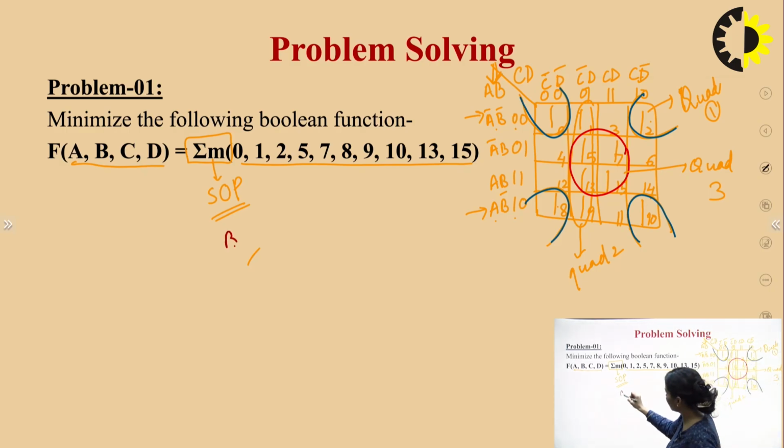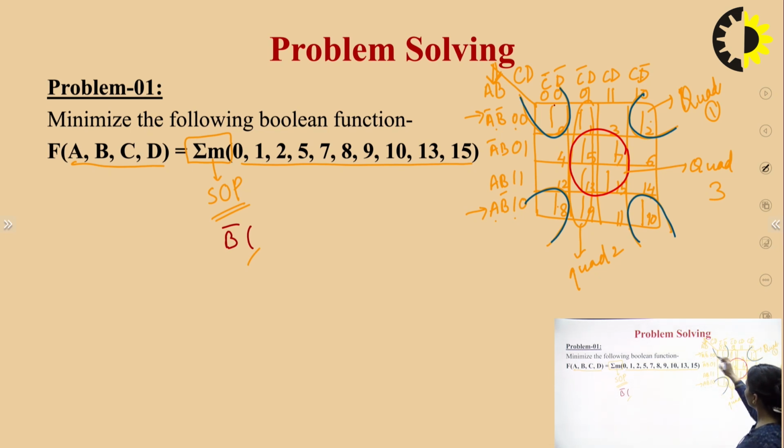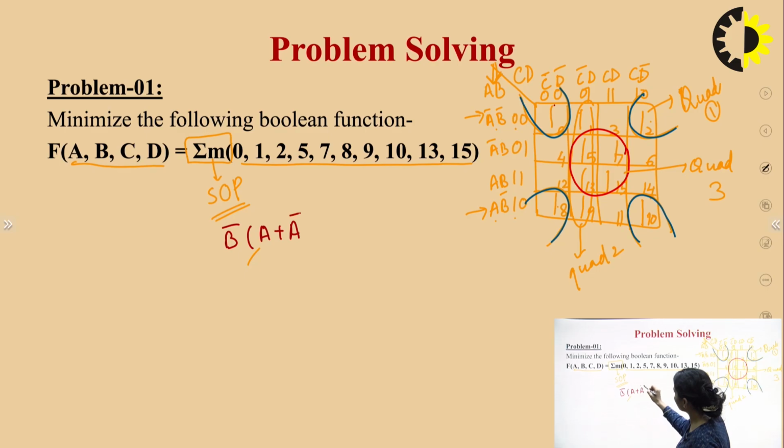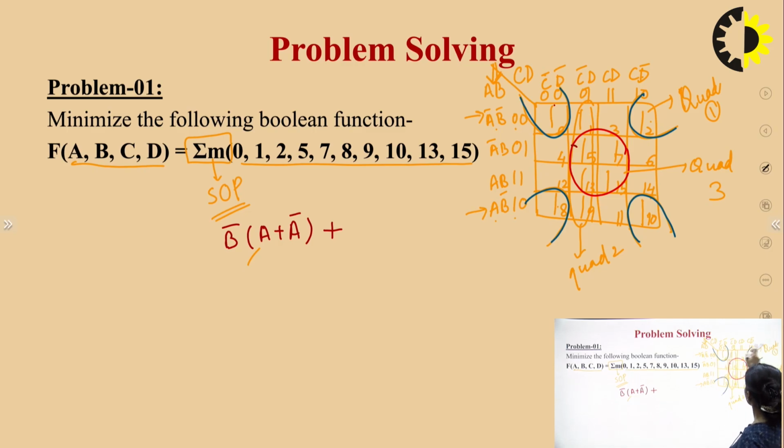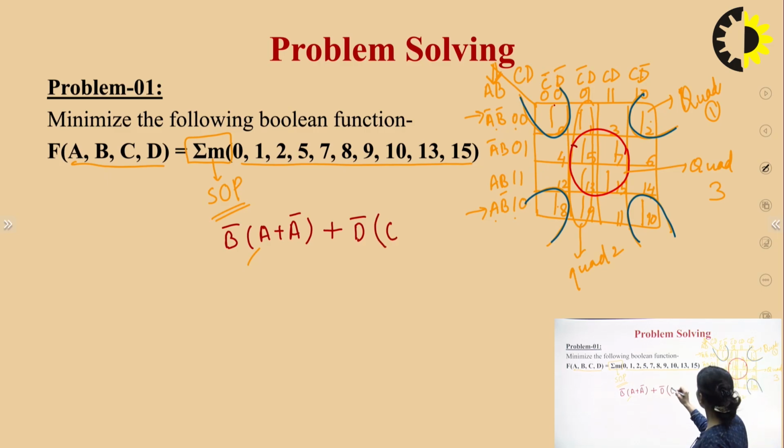Okay, so A plus A bar will make 1. Now from the CD row, we will see that D bar is common, and C bar plus C.